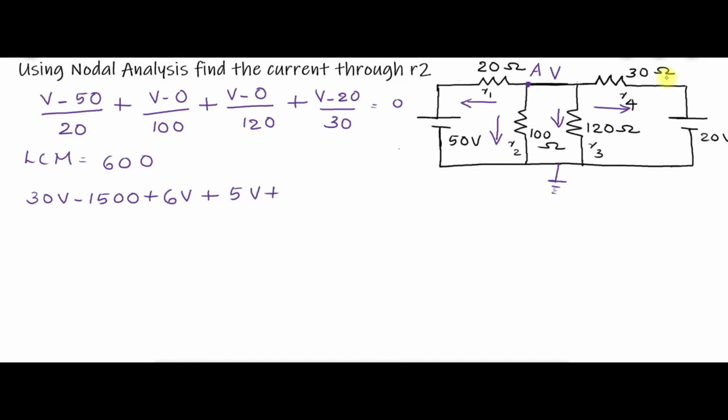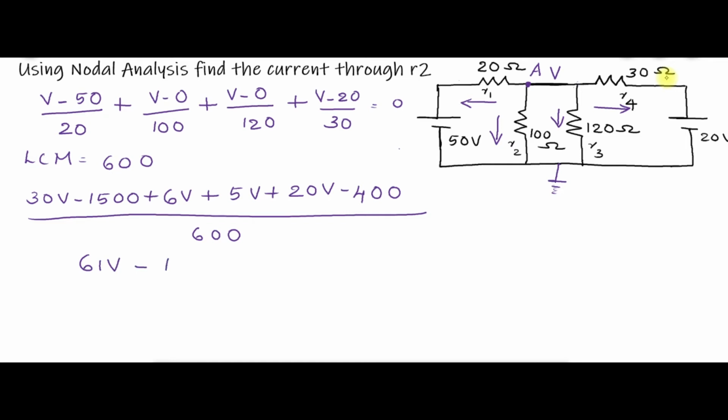Plus 30 into 20 gives 600: 20V minus 400, divided by 600. So 30V plus 6V is 36, plus 5 is 41, plus 20 is 61V. That gives 61V minus 1900, divided by 600.